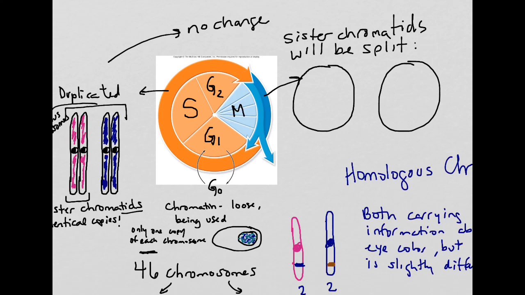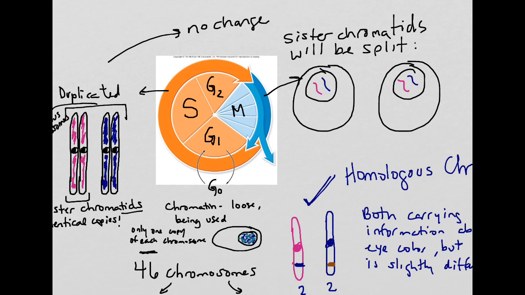We go through mitosis and cytokinesis in my picture here. So now we're going to add chromosomes to these cells. So each cell is going to get one pink, and each cell, because we're splitting the sisters, each cell is going to get one blue. Just like we started with, one pink and one blue.